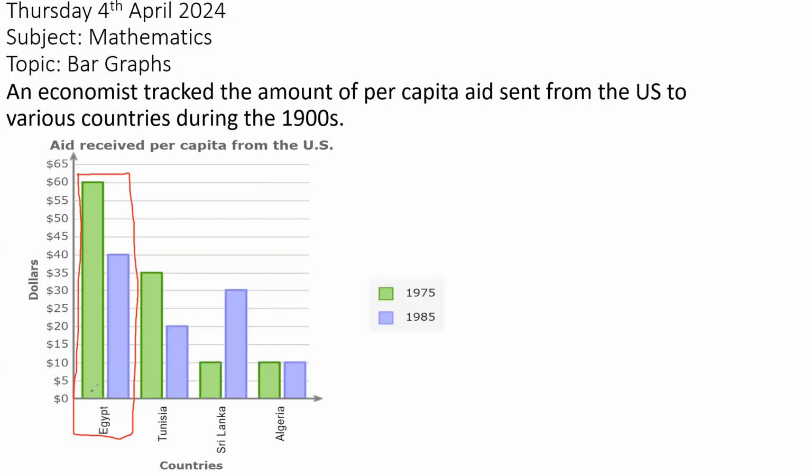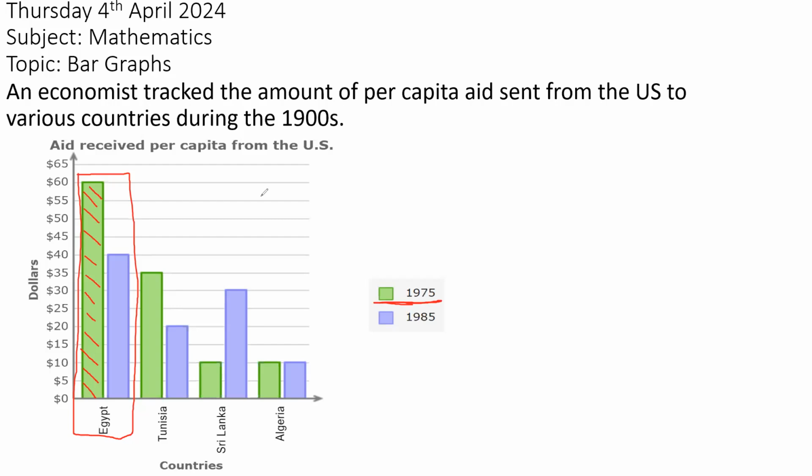So Egypt per capita in 1975. In 1975, how much money was sent to Egypt per capita by the United States?